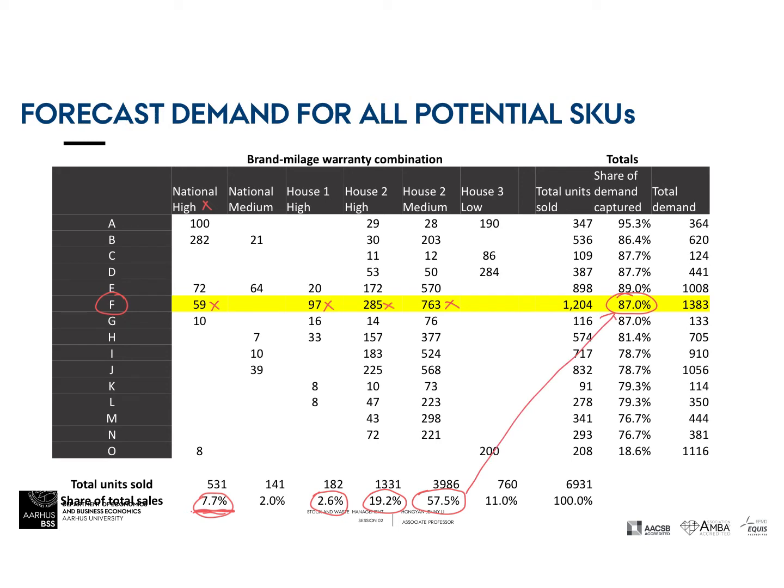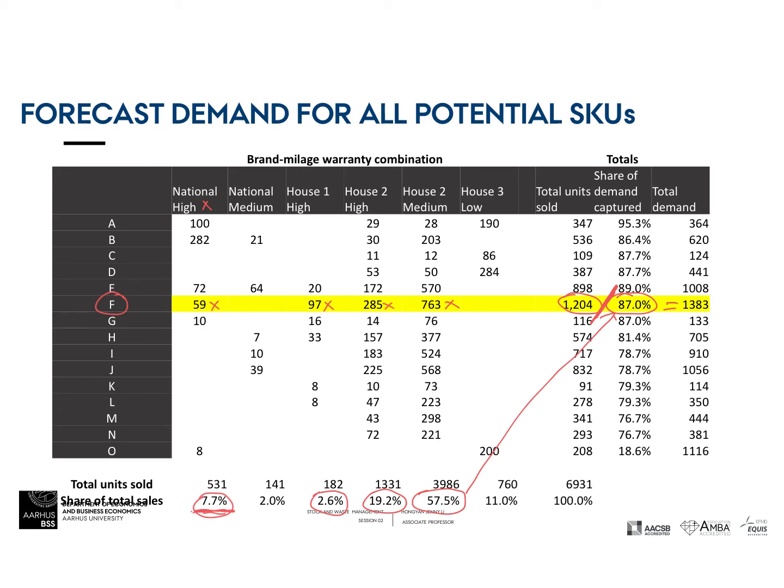We know in total this shop only sold 1,204 units, so the share is 87%. If you divide by this share, you can get the expected demand for this size F items.